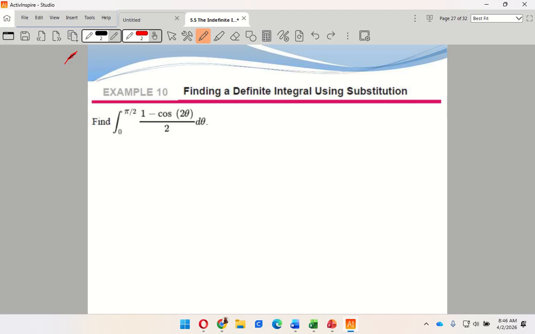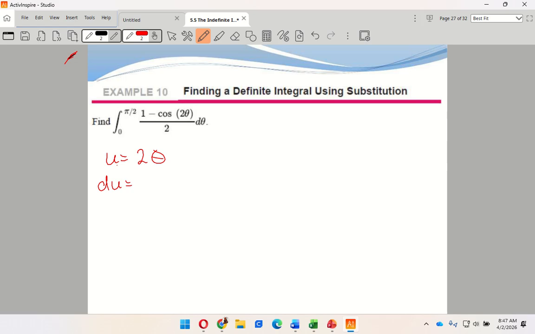So I'm going to say u is equal to 2 theta. All right, next step. We do du, we find the derivative. Yeah, so du. Remember, it's the derivative.